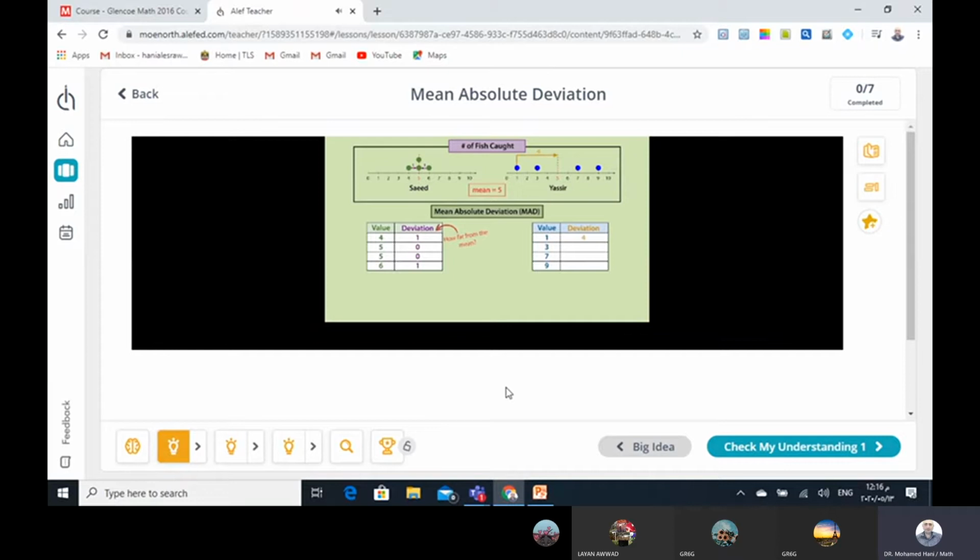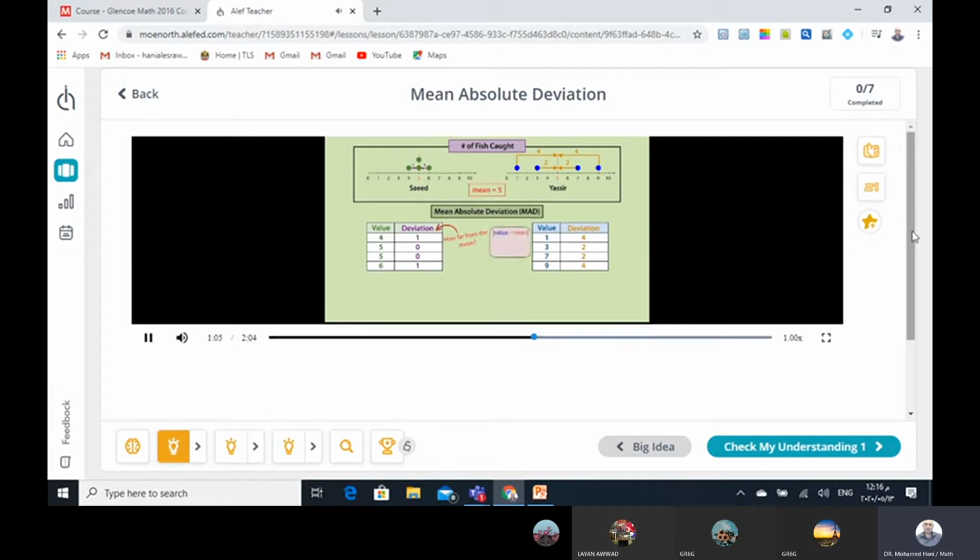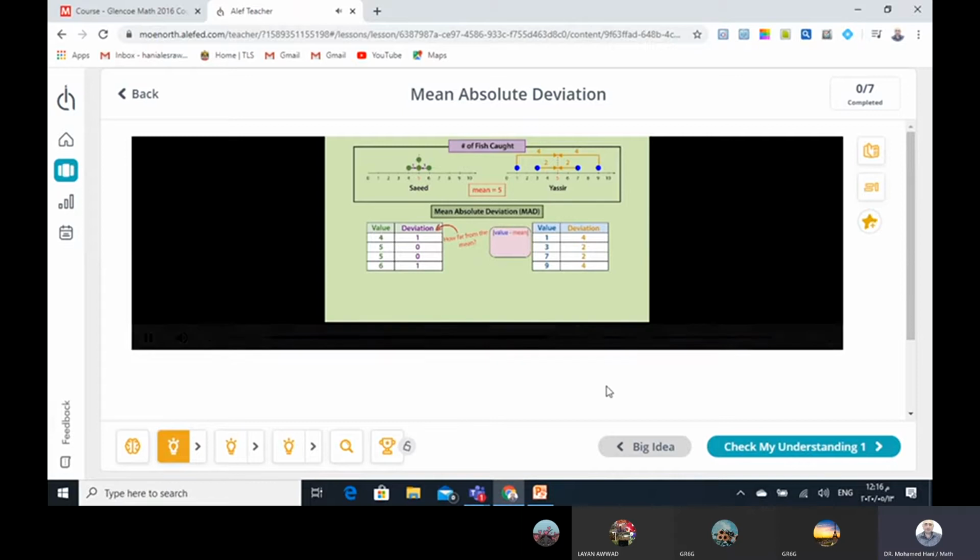On the right, 1 is 4 away from 5. 3 is 2 away. 7 is 2 away. And 9 is 4 away from 5. We can also find these numbers by taking the absolute value of the value minus the mean.